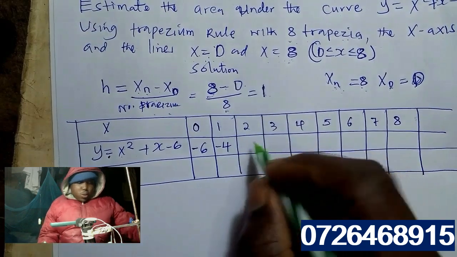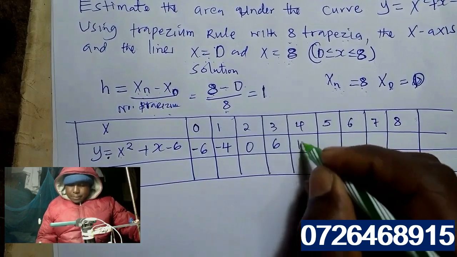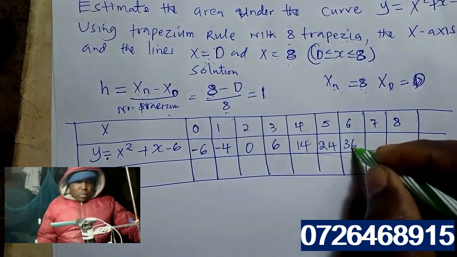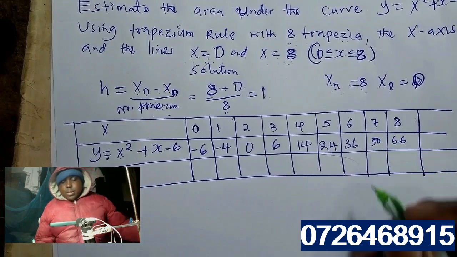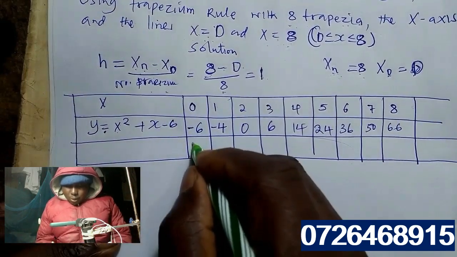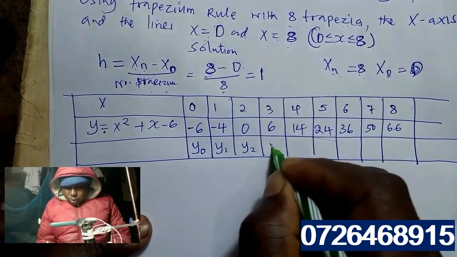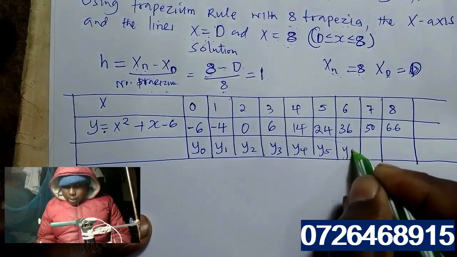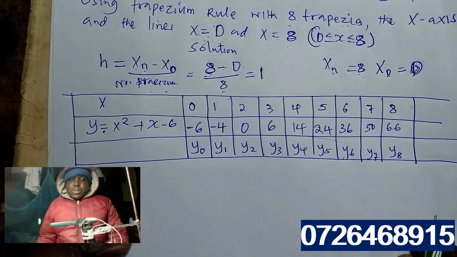So you substitute all the way to the end: 0, 6, 14, 24, 36, 50, 66. So that now you fill the table. Now what we have here is y naught, y1, y2, y3, y4, y5, y6, y7, and y8.